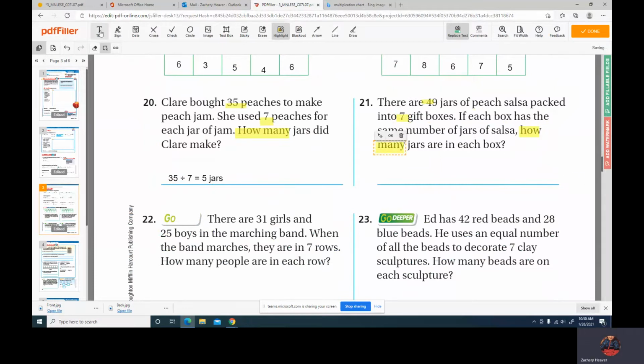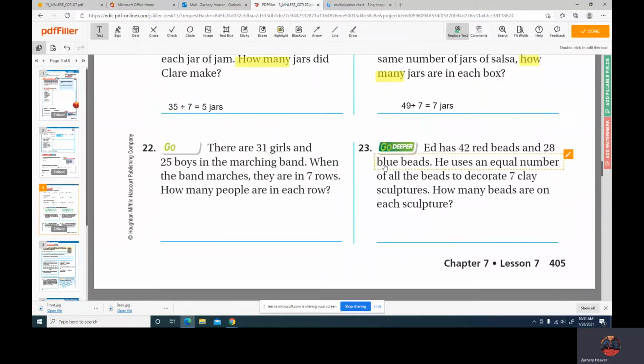Well, our equation is going to be 49 divided by 7, which equals 7 jars. This lesson is all about divided by 7, so remember, pay attention to that. We can't go up, we have to divide it.